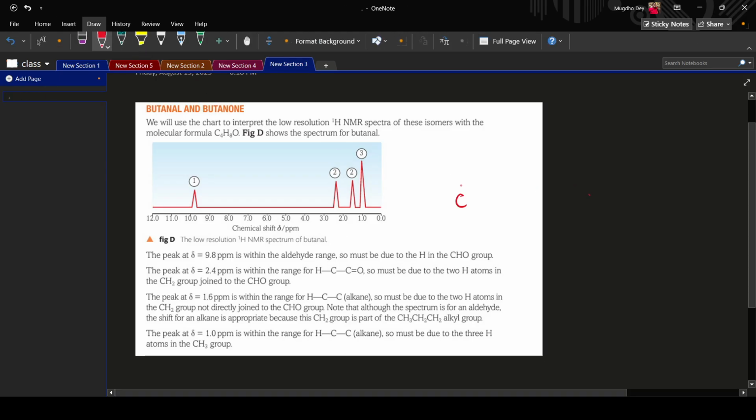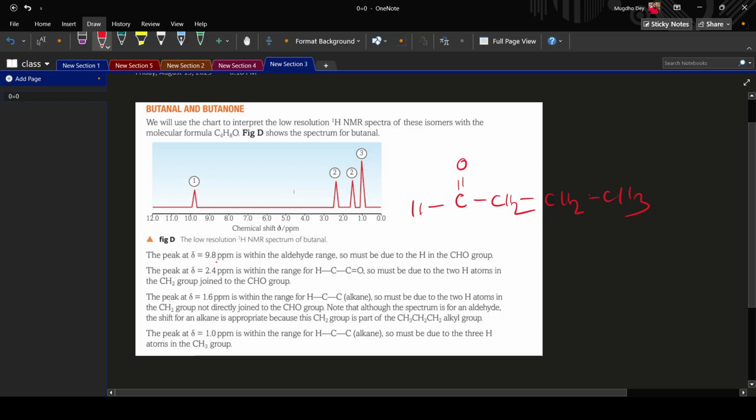So I think you're familiar with this. So now they have provided here butanal, right? I'm just going to give this CH2, CH3. Anyways, this is butanal.